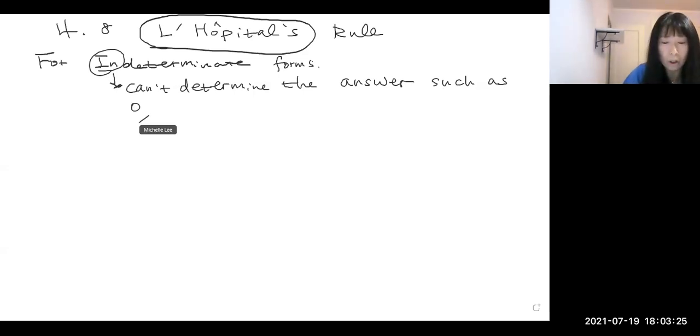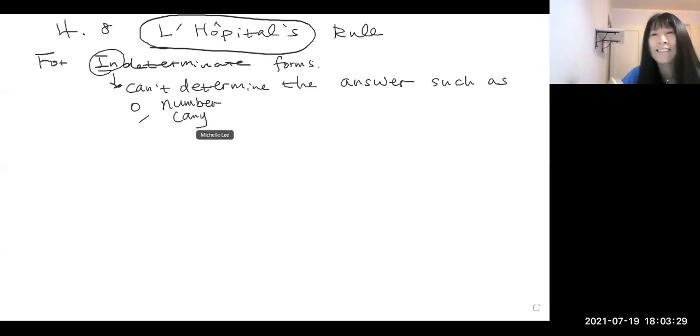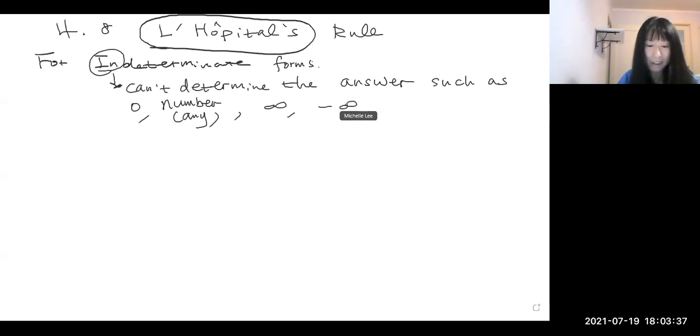Or any number, or positive infinity, negative infinity, right? Okay, we can't answer that, right? All right. Then we call it indeterminate form.